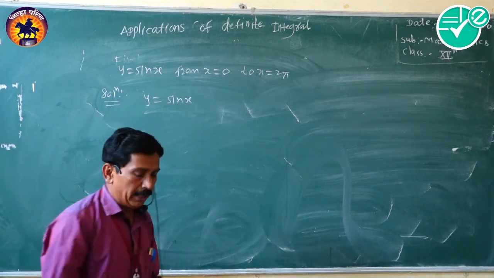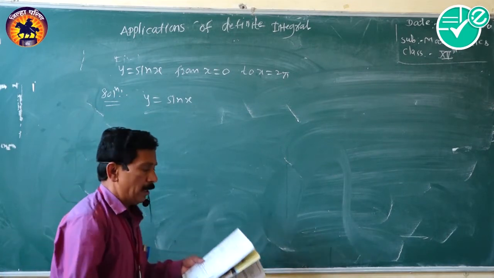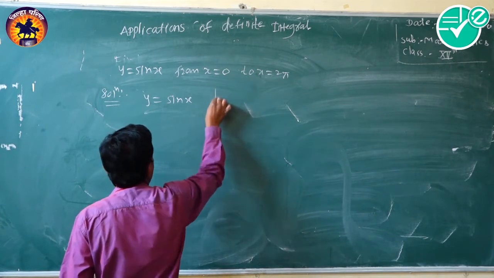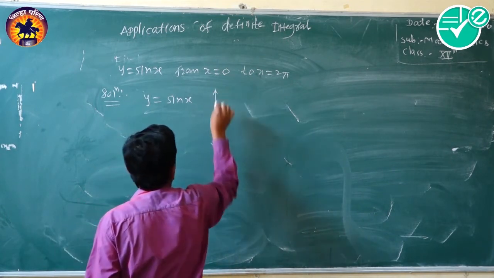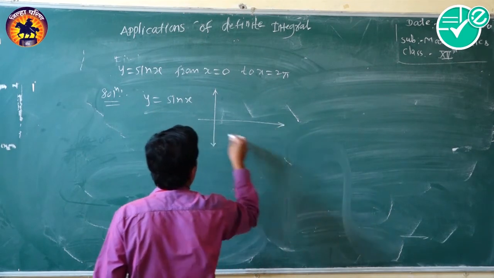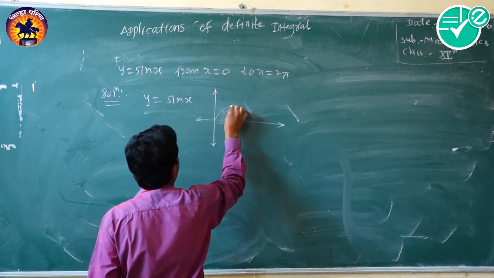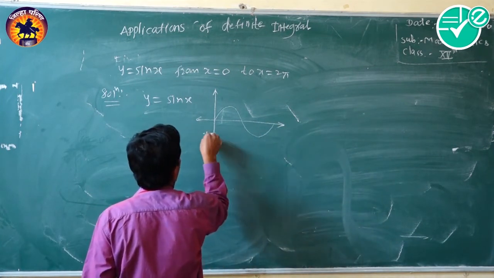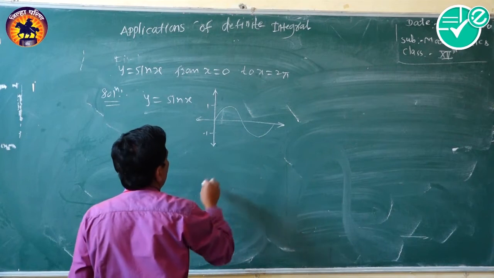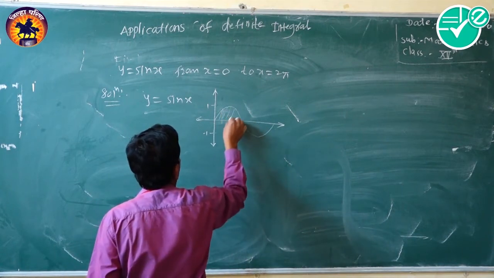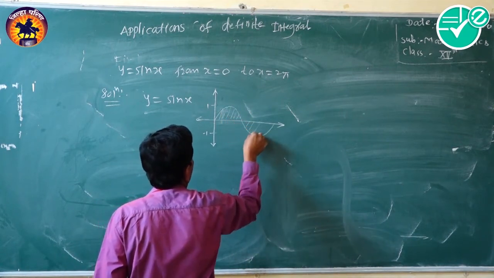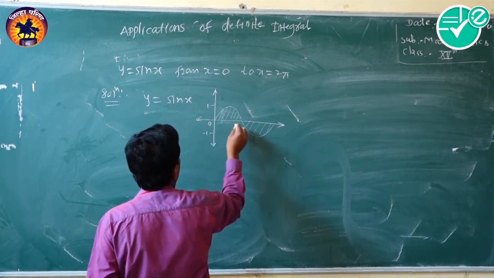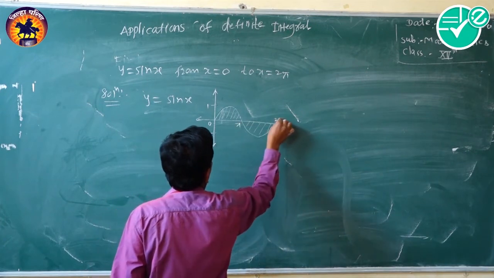This curve is symmetric about the x axis. Plotting this curve, zero, pi, 2 pi.